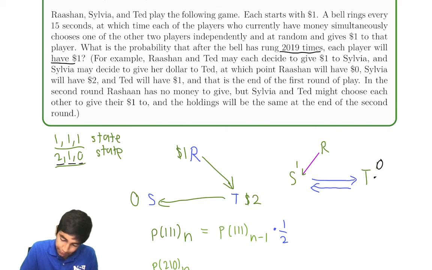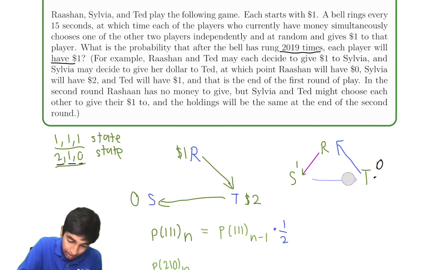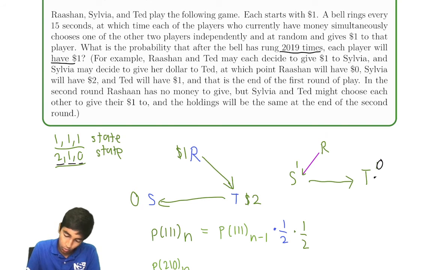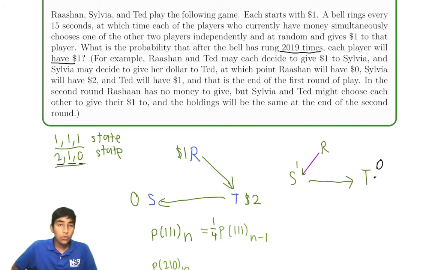So instead, Ted would have to give it to Rashawn, to become a 111 state again. So what's the probability? There's a half probability that Sylvia gave it not to the person who gave it to her, but to Ted, the other person, passing it on further along. And then there's another half chance that Ted will not give it to Sylvia, but give it to Rashawn. So 1/4 chance essentially. That will be at P11n.